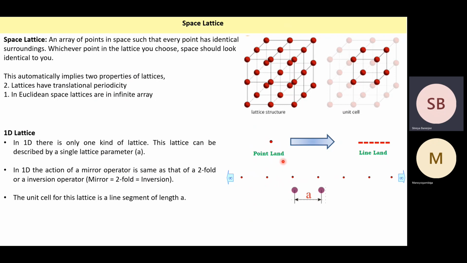In the case of the 1D lattice, the mirror and the rotational axis are at the same place. The unit cell for a 1D lattice is a line segment of length A. So basically the unit cell consists of a single point which is at a distance A from the next point.